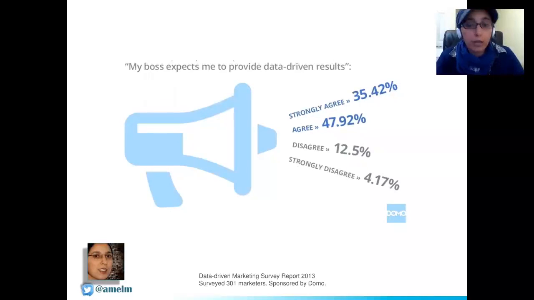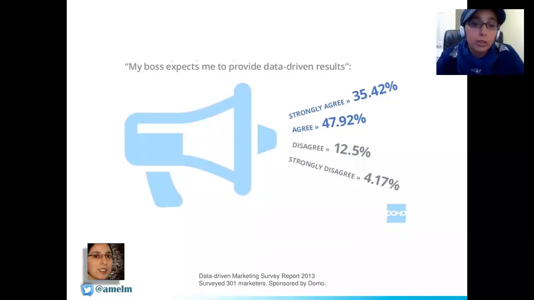If you're a marketer right now and you have a manager or a boss, I'm sure you feel the same way and are experiencing the same thing. Your boss is expecting you to provide data-driven results. That's what he wants. As you can see here in the results from the survey, 35% strongly agreed and 47% agreed.